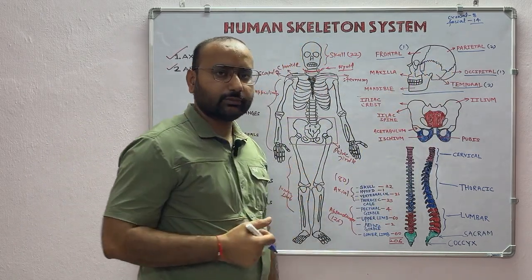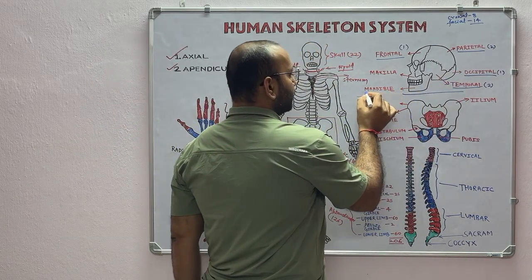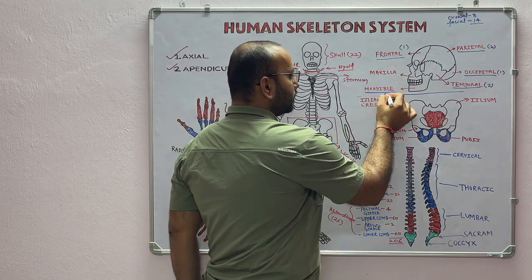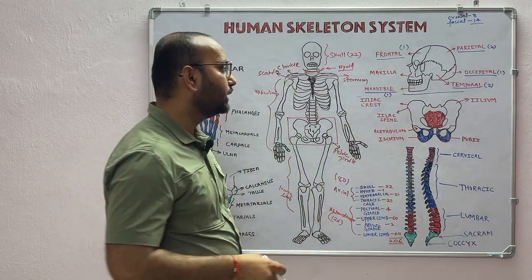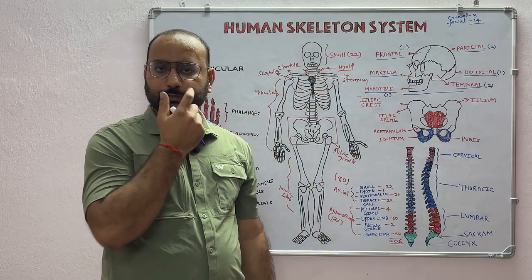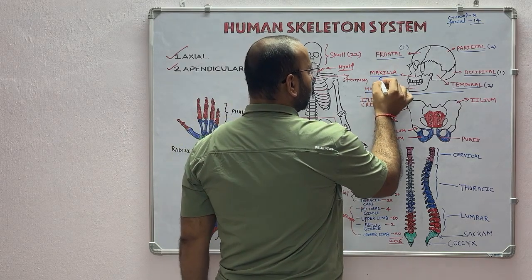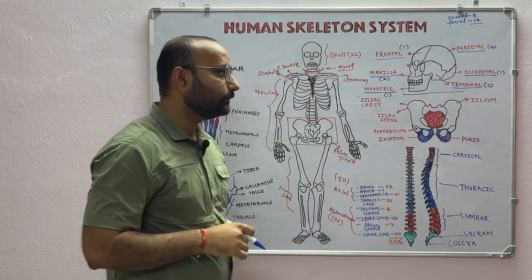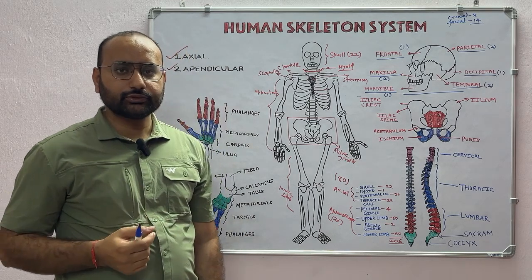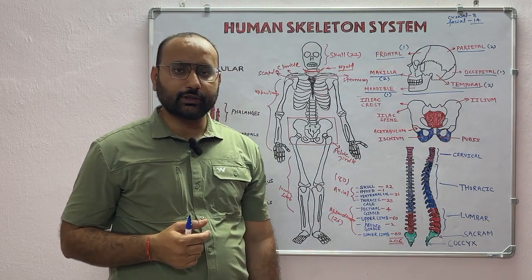Now coming to the facial bones. Facial bones are 14 in number. You have the mandible, which is part of your jawbone, and then you have the maxilla, which is also part of your jawbone, present on the upper part of your jaw, 2 in number, left and right maxilla. Then you have the nasal bones, which form the upper part of the nasal septum.